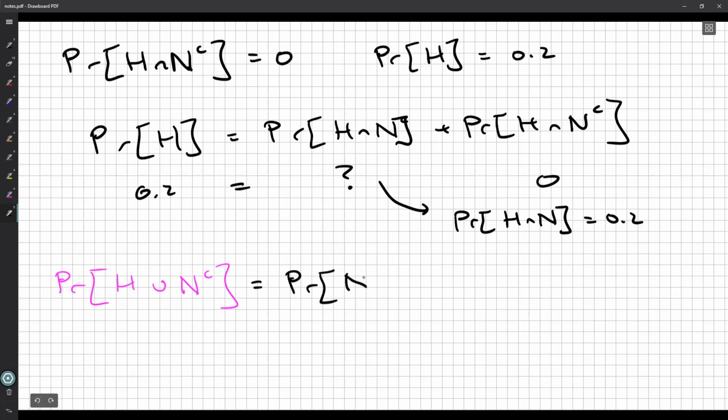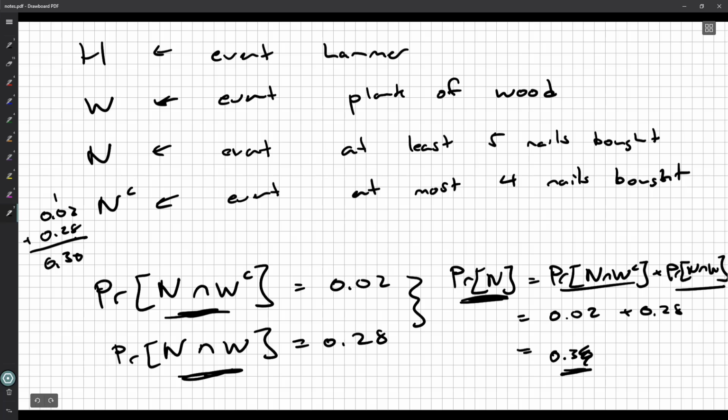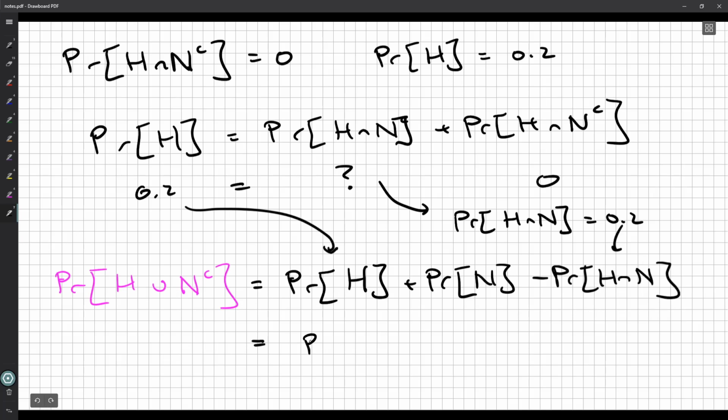So that's going to be the probability of H plus the probability of N, getting the right number of nails, minus the probability of their intersection. Well, I know their intersection, and I know the probability somebody buys a hammer. Oh, sorry, this should be N complement. My mistake. 0.2 plus... I don't know N complement. I worked out N, but we remember one of our formulas tells us how to get it.